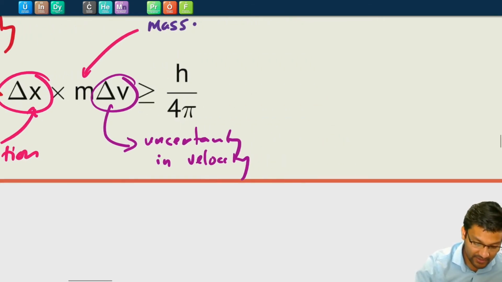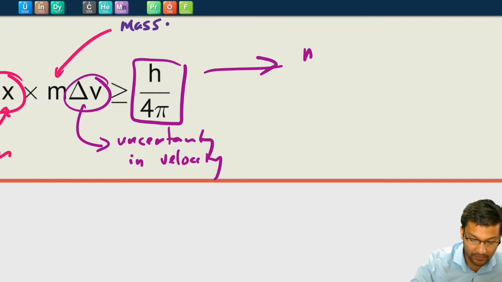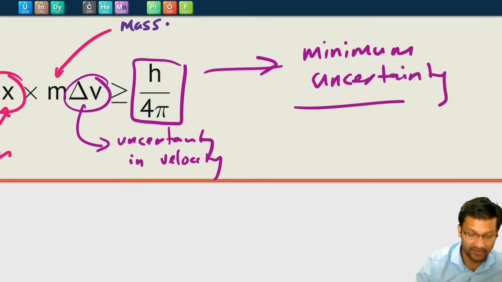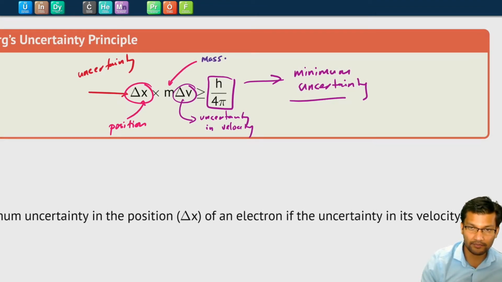So because of that, we can always use h over 4 pi to calculate the minimum uncertainty. Because the maximum uncertainty could be, well, we don't know, it could be very large. So we can use this equation to calculate the minimum uncertainty either in the position if we know the uncertainty in the velocity, or the uncertainty in the velocity if we know the uncertainty in the position.